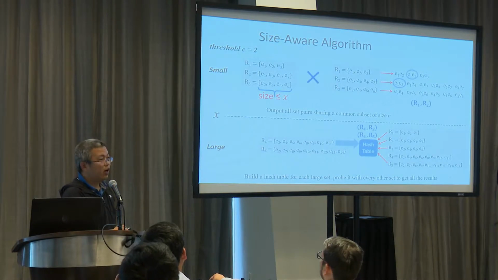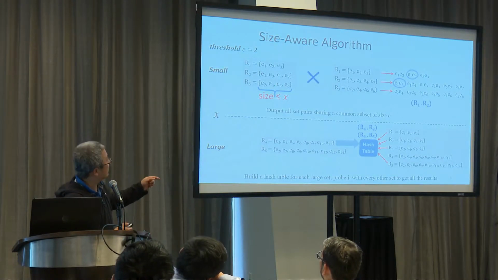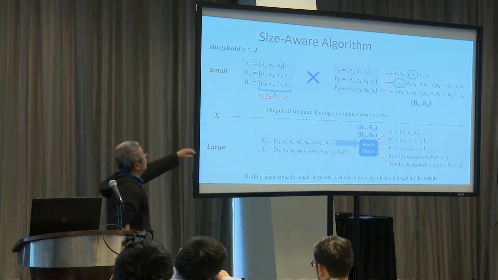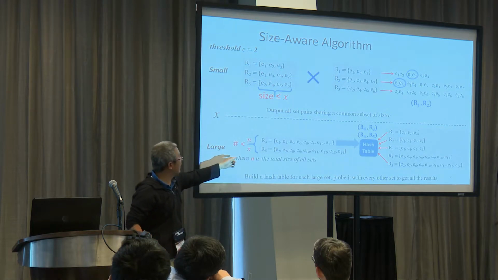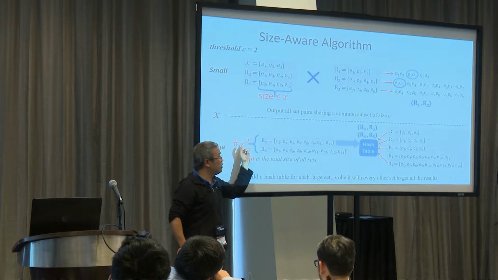Then, because we divide sets based on the size of the sets, each small set has size smaller than x, so the number of large sets must be smaller than n over x.